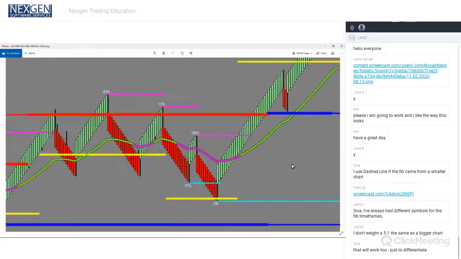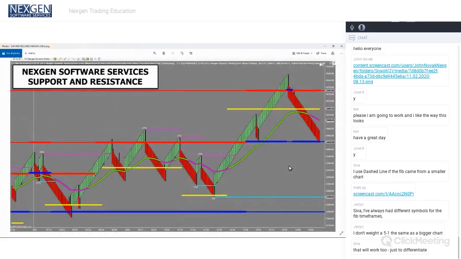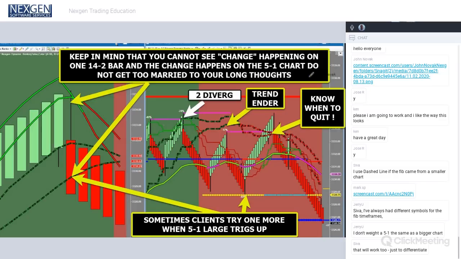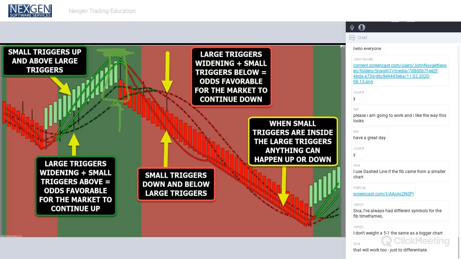So we're going to add our trigger lines, which you all love and know. If the triggers are going up, we look for buy signals, and if they're going down really strong, we look for sell signals, and if we get to an area, we pay attention to what's going on.